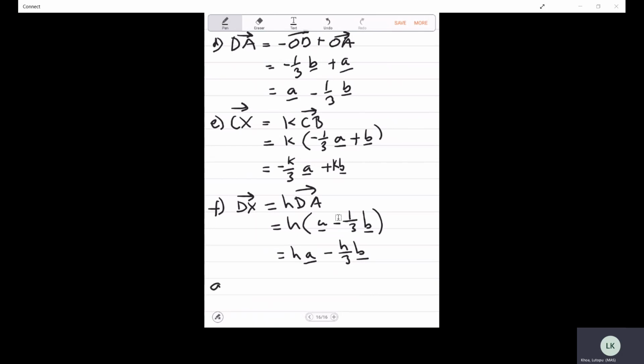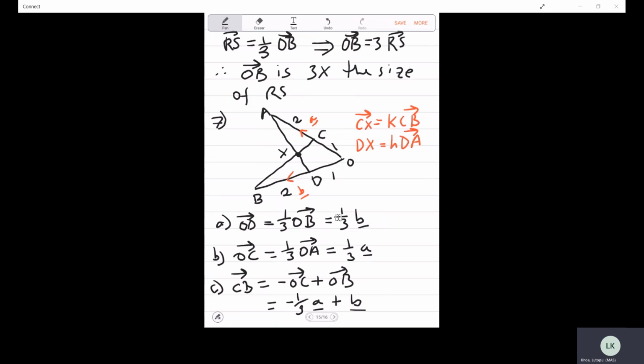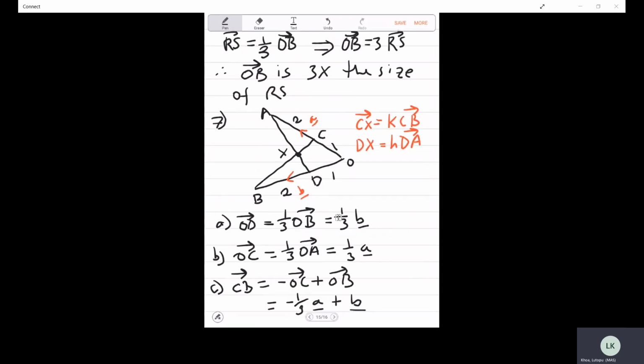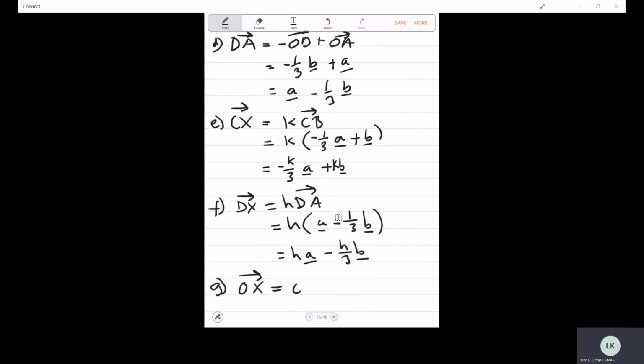So G, we have to rewrite OX, but using our answer from B and E. So B gave us OC, and E gave us CX. So OX is OC plus CX.